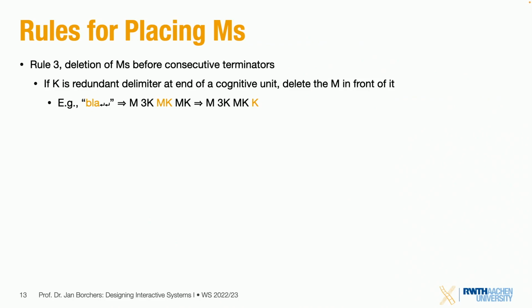For example, if I type blah and then 2 returns, which would normally be M and 3 keys, because I've already removed the M's between these keys, I would still have left MK, MK for these 2 returns. I leave in the first one, but I remove the second one, right? The second return doesn't get another thinking pause. Kind of logical, right? If you finish something with double return, you don't stop in front of each return character there.